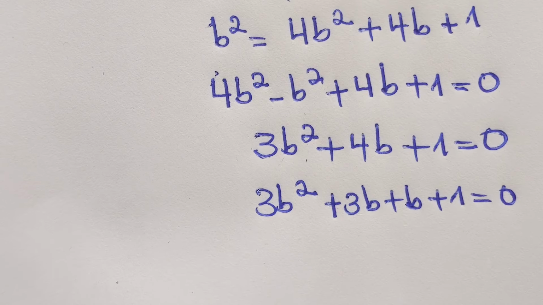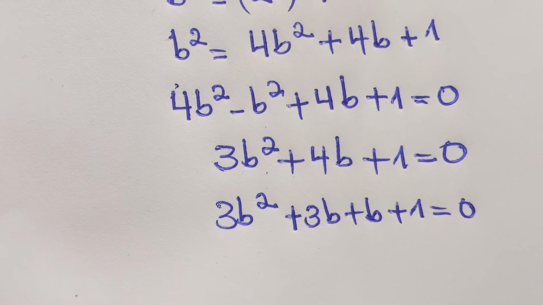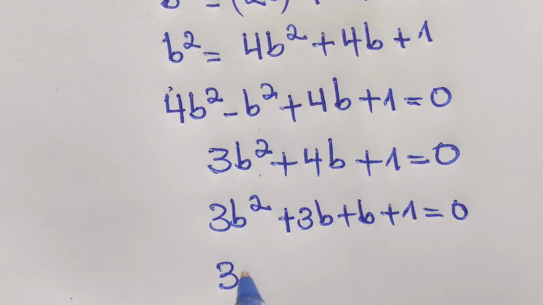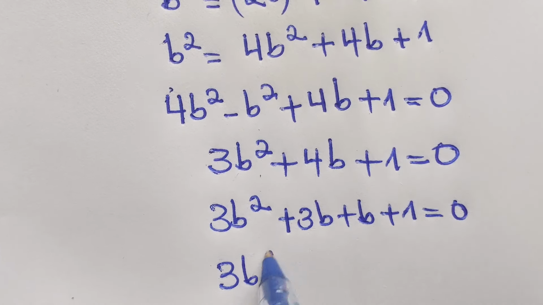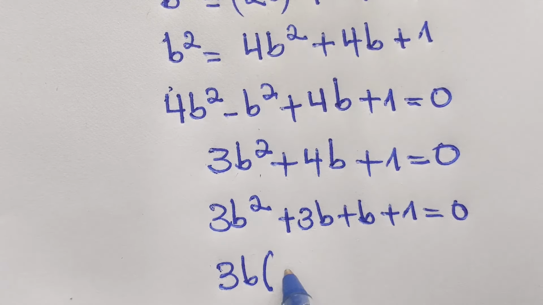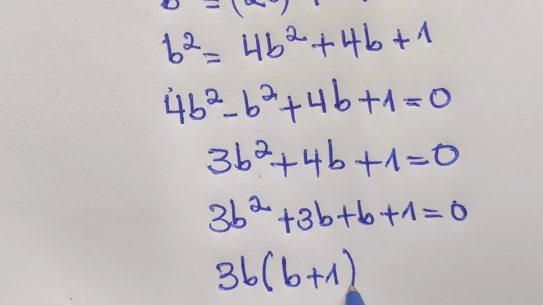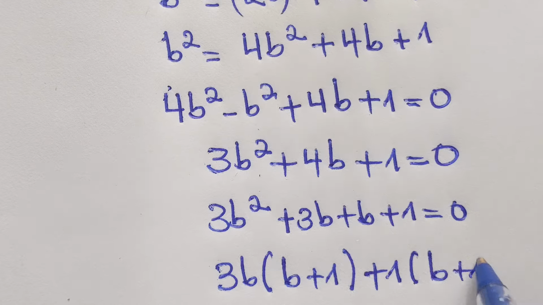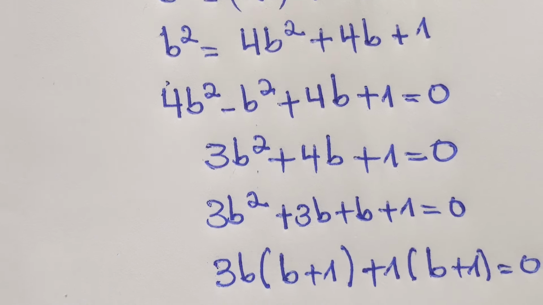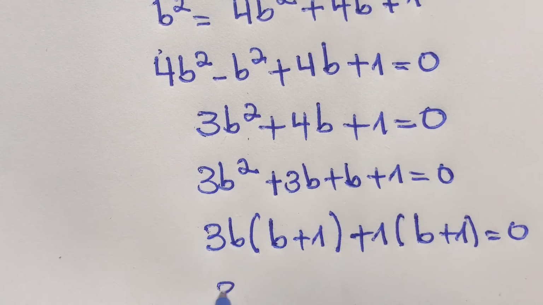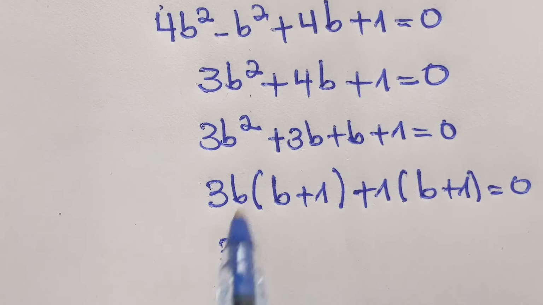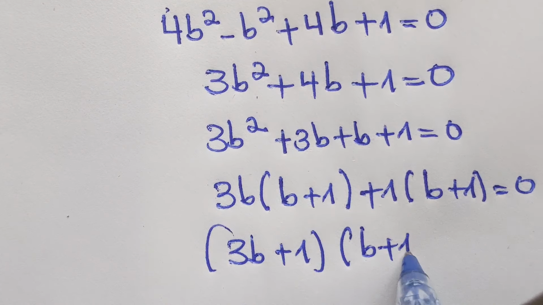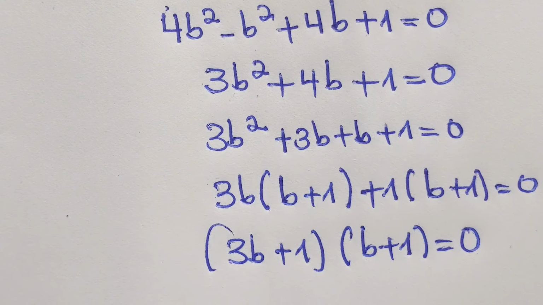Okay, then what we have right now is this. We factorize out 3b to get (b + 1), and factorize 1 right here to get (b + 1) equal to 0. Okay, then (3b + 1)(b + 1) equal to 0.